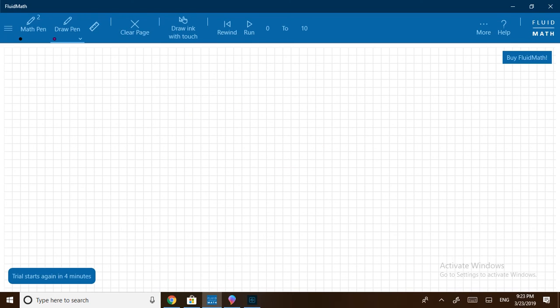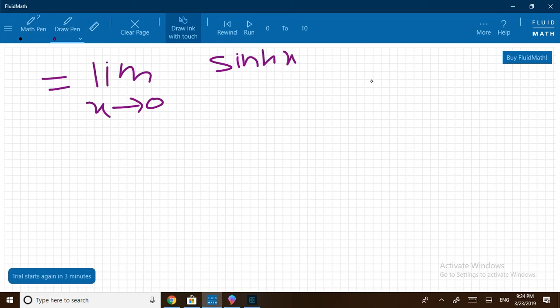Okay, now what are those terms? The terms are equal to limit, x approaches 0, x sinh x, and the denominator has two terms.